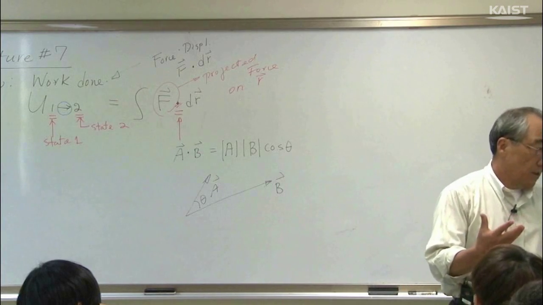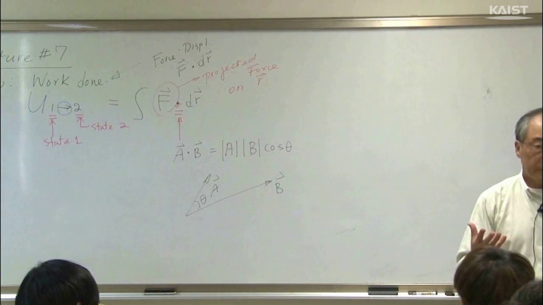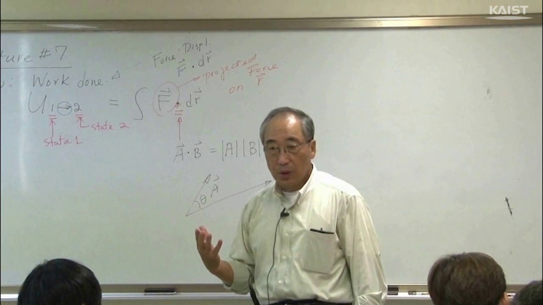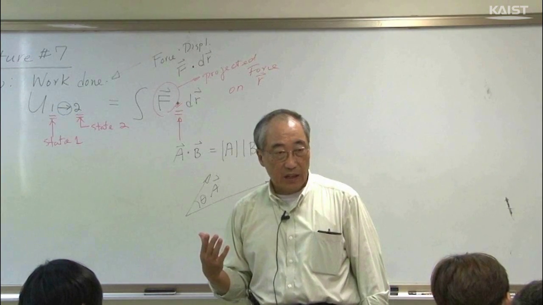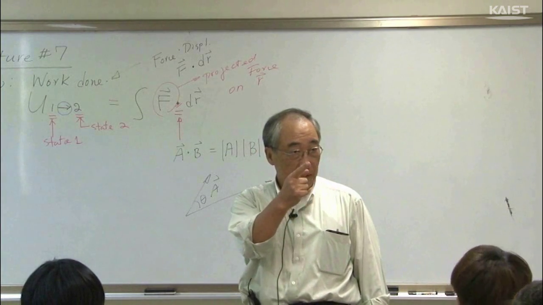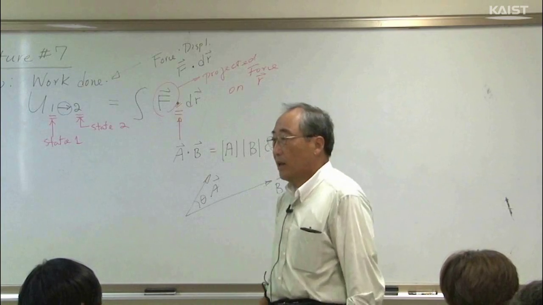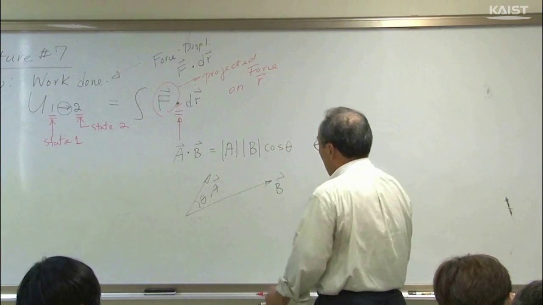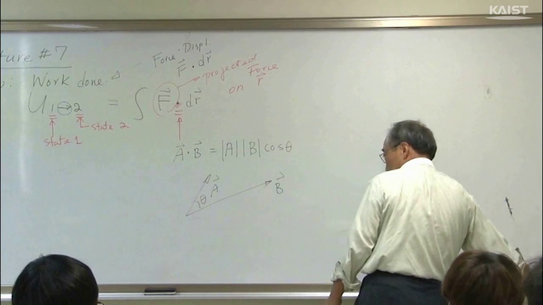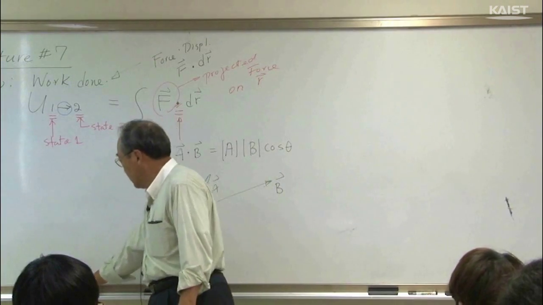So that's the physical meaning. So if theta goes to pi over 2 or 90 degrees, the work done is 0, right? Okay, that's an interesting physical observation.